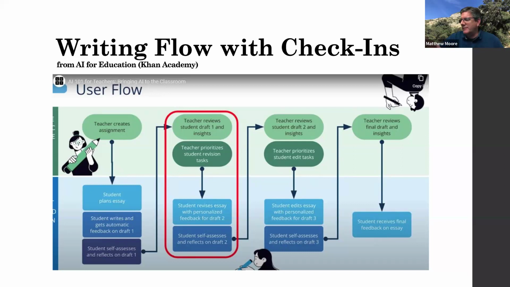You've got a draft, then the teacher reviews, and there are stages in the draft. All these stages are points in time where you could use AI to grade something, give some feedback, or have the student use AI and generate more content.